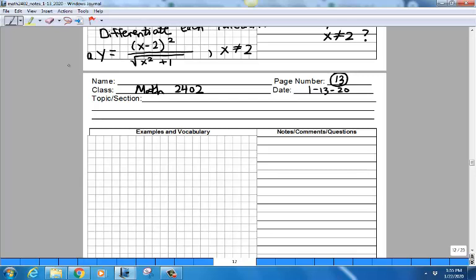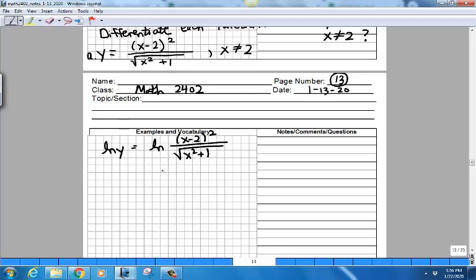Since the left-hand side equals the right-hand side, then the natural log of the left-hand side should also equal the natural log of the right-hand side. So I'm going to have natural log of y is equal to natural log of (x minus 2) squared over the square root of x squared plus 1.